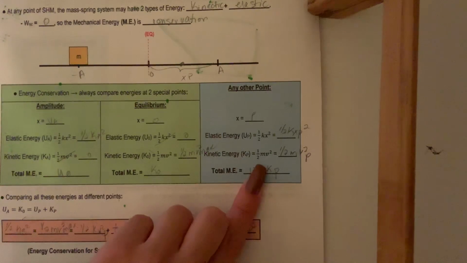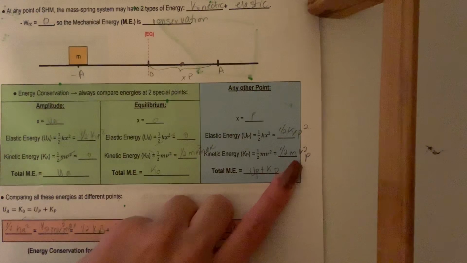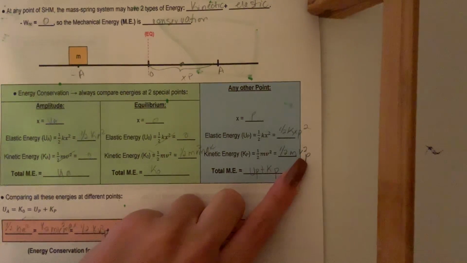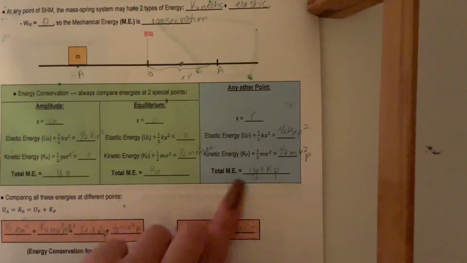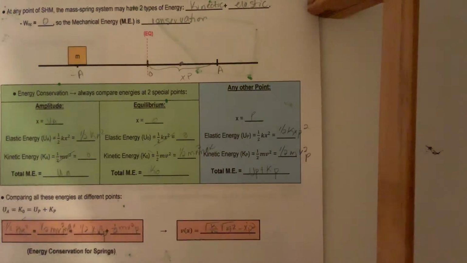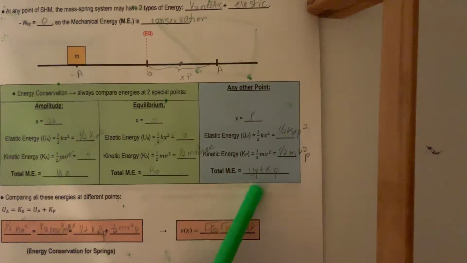And this one has a value of 1/2 mass velocity P to the second power. The addition of these two is going to give me the total ME, my total mechanical energy.